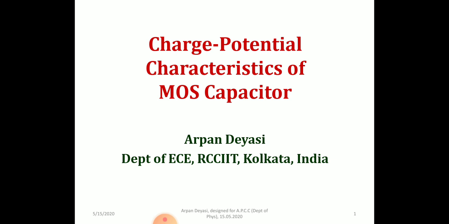If I make a slight recapitulation of our earlier class, we discussed the formation of bands in a MOS structure under unbiased condition. Before that, I discussed how the homostructure and heterostructure are formed.